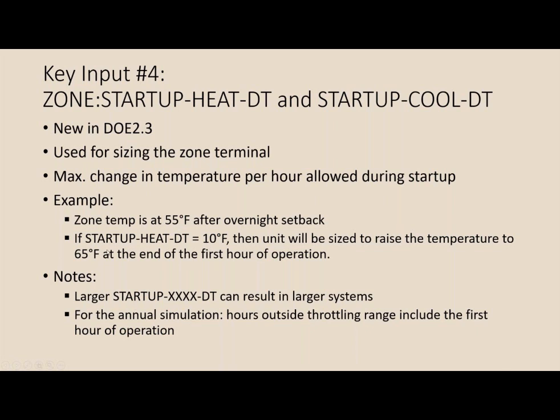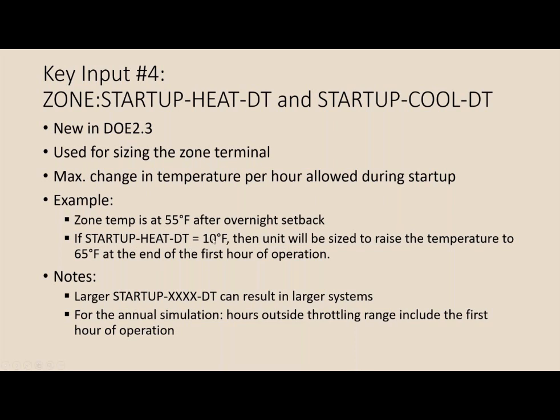If you wanted to eliminate the hours outside throttling range problem and your set point is 72, then you'd want this heat DT to be the difference between 72 and 55, so about 17 degrees Fahrenheit instead of 10. Alternatively, maybe the owner expects the building to be a little bit cool first thing in the morning.